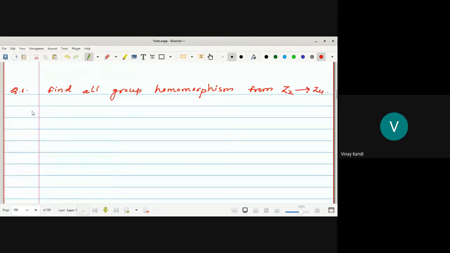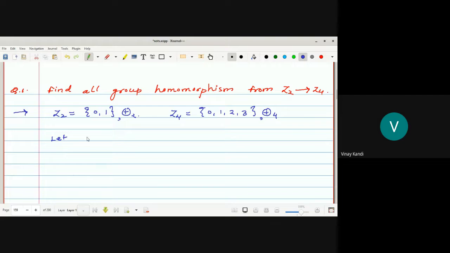Now, what is Z2? Z2 is equal to {0, 1} with addition modulo 2. And what is Z4? Z4 is equal to {0, 1, 2, 3} with the operation addition modulo 4. Is it correct? Any doubt up to here? No, sir. Okay.